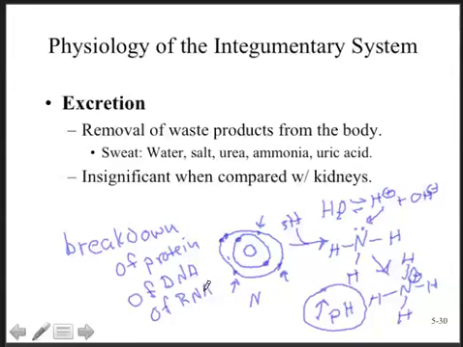And in some cases, the breakdown of ATP. But the major source is protein breakdown. And if we don't get rid of this stuff, it's going to perturb the pH, and we're not going to be long for this world.